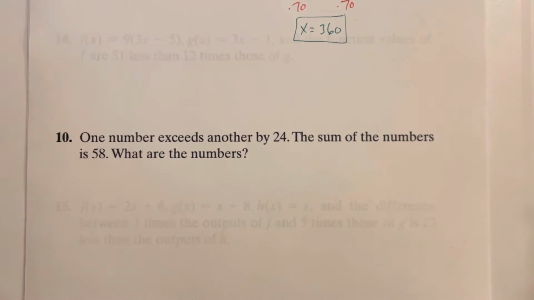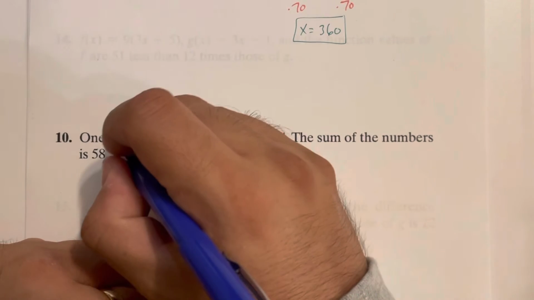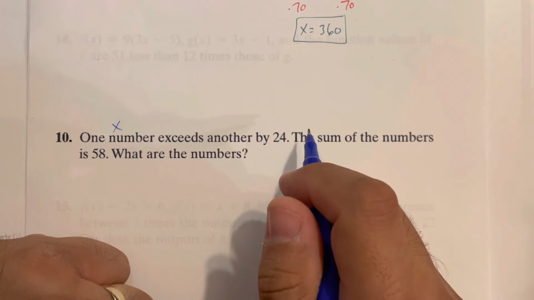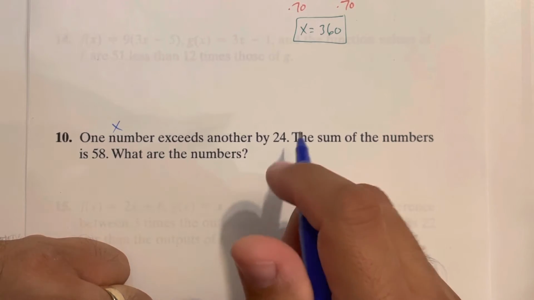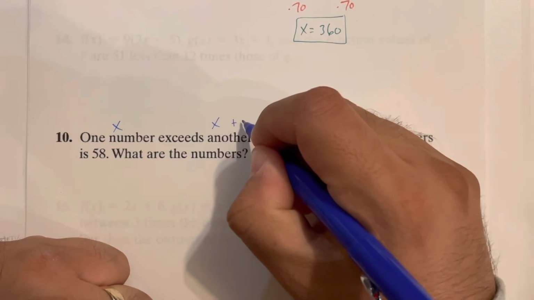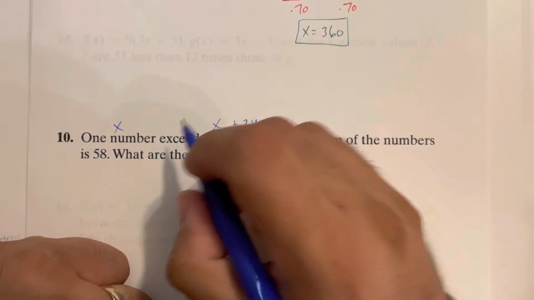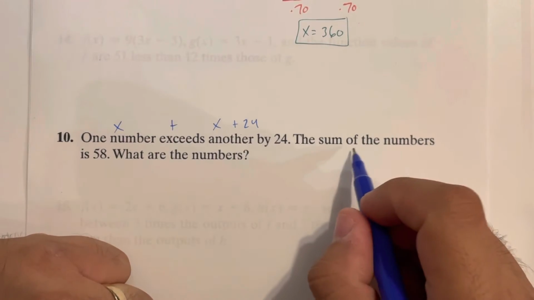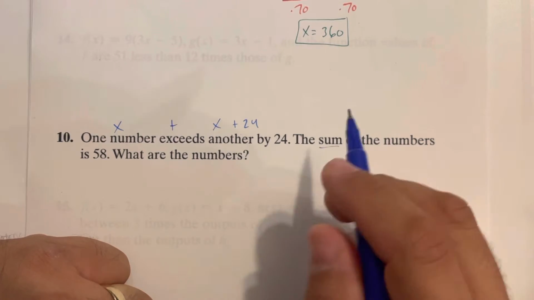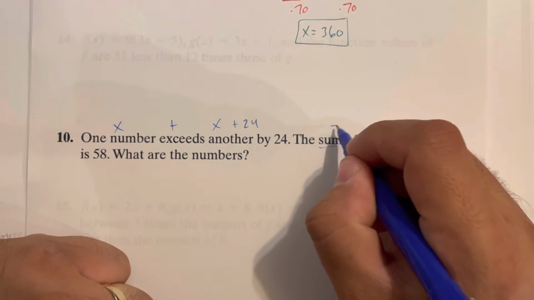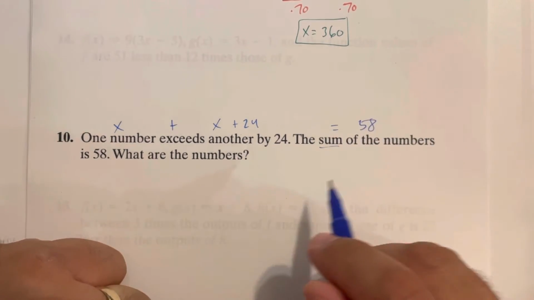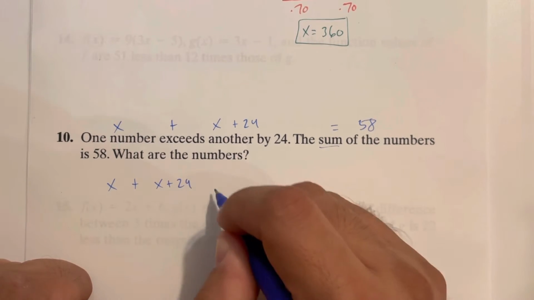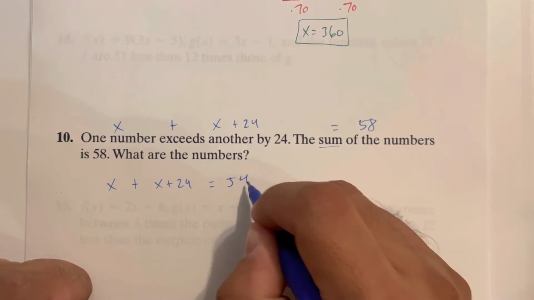Alright, number 10, it says one number, x, exceeds another by 20. So exceeds the other one by 20. So we could say the number plus 24. And exceeds is addition, right? So it exceeds it. The sum of the numbers is 58. Oh, so sum is 58. So sum equals 58. So x plus 24 is equal to 58.